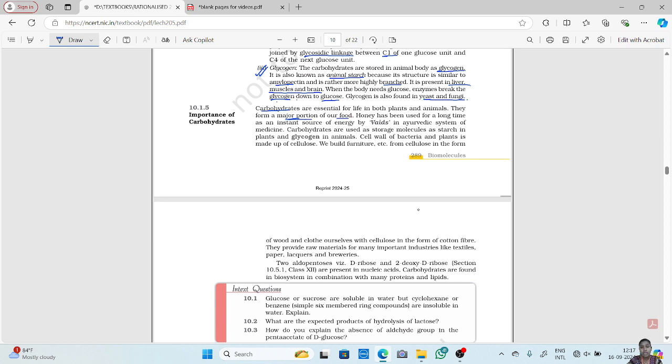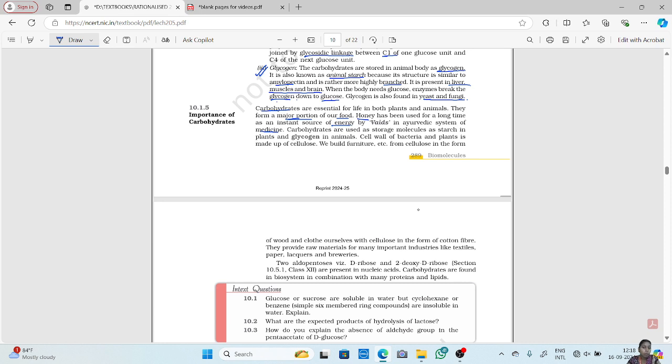Honey has been used for a long time as an instant source of energy by Vaids in the Ayurvedic system of medicine. Many Ayurvedic medicines mix their tablets or powders with honey, and honey is also a carbohydrate.